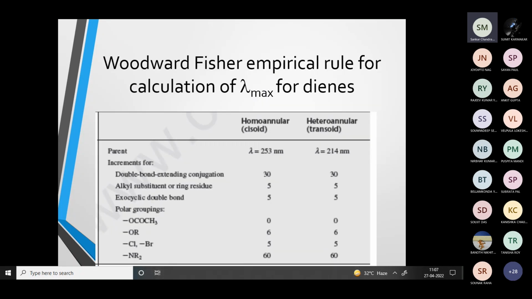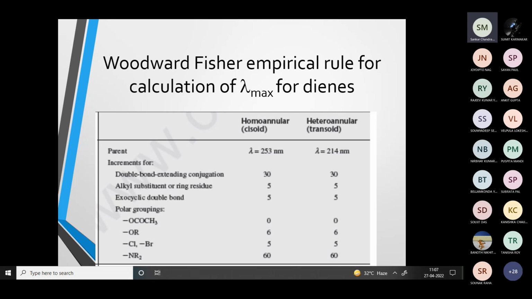Now I will tell you the parent compound. Parent compound means the ring structure. If it is homoannular, then the basic lambda max will be 253. If it is heteroannular, then it will be 214.